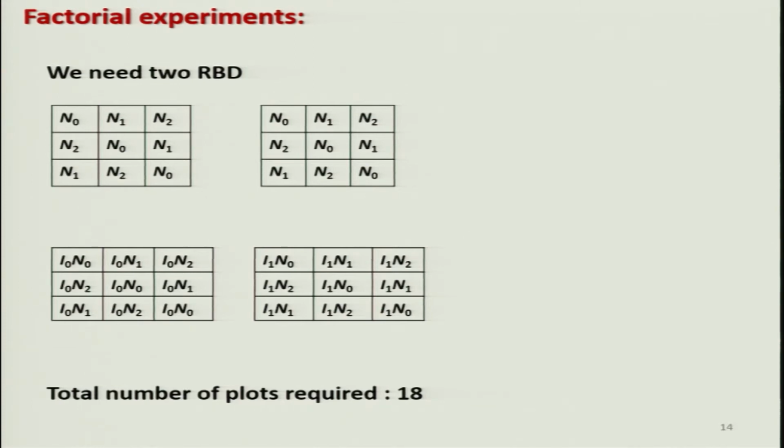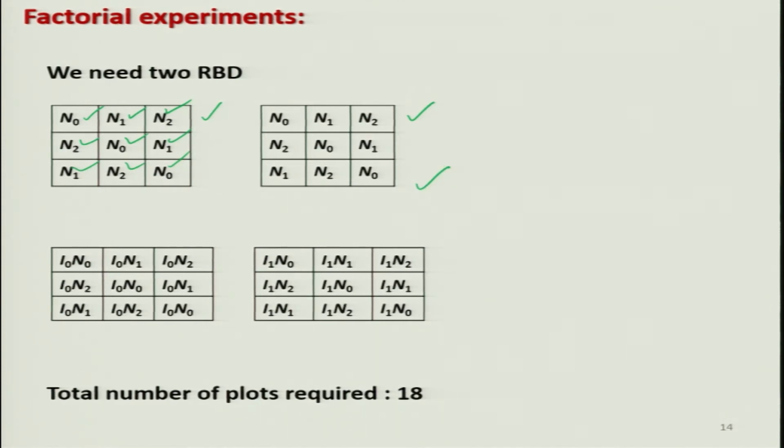So, what we will do is consider 2 randomized block designs, and then write down the different levels of nitrogen in different blocks, such that none of the levels appears more than once in every row and every column. So, you can see I have written N0, N1, N2, N2, N0, N1, N1, N2, N0 and so on, right. And I write this down 2 times.